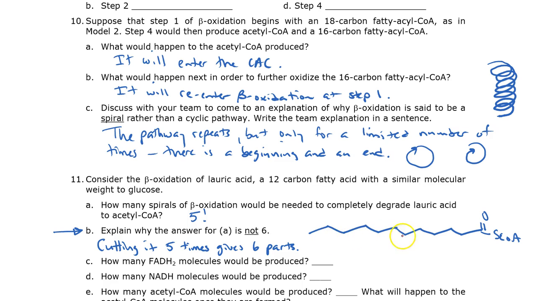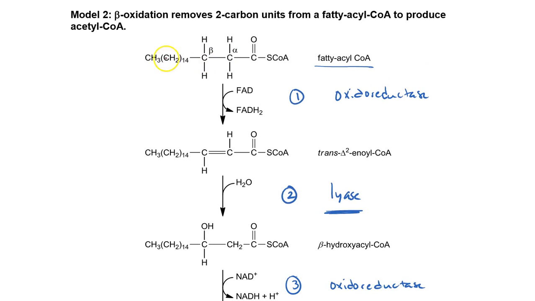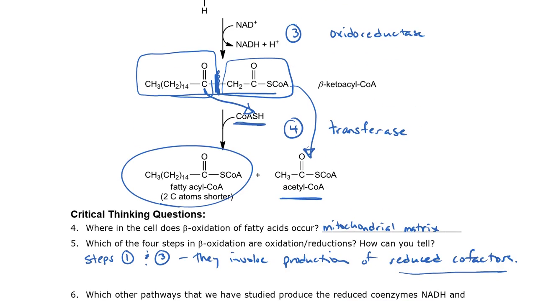So if I've drawn it correctly with 12 carbons, then each time I go through the beta oxidation pathway, I'm going to start out with a certain number of carbons. When I finish, I will have chopped 2 carbons off, so it'll be 2 carbons shorter, 2 carbons released, and this is 2 carbons shorter.